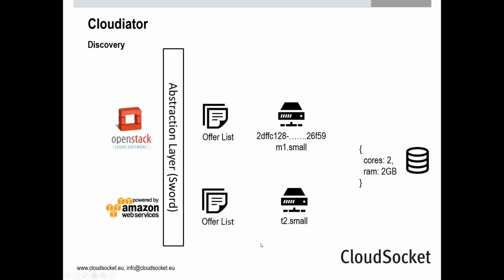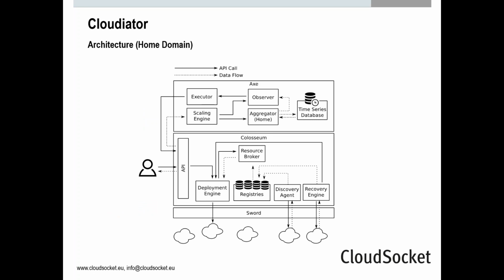Now I will briefly show an overview of the Cloudiator architecture, which is split into a home domain and a remote domain. The home domain is basically where the Cloudiator framework runs. It can be run locally or deployed in the cloud. There are different components: a REST API to interact with the user, directly or programmatically via a client.